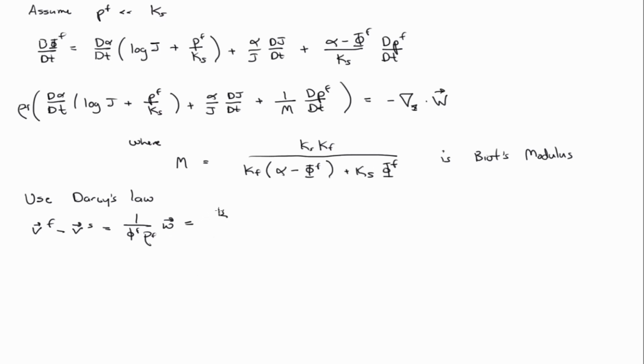So that's going to be equal to kappa, and that's a tensor, over mu, minus the gradient with a little x of the fluid pressure, where g is the acceleration due to gravity.